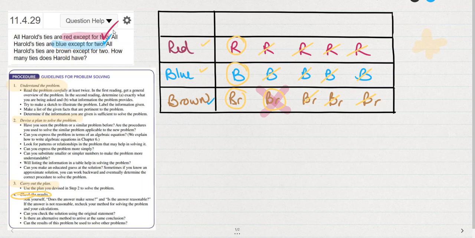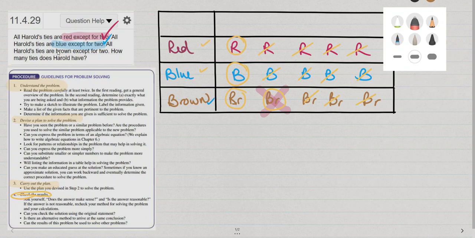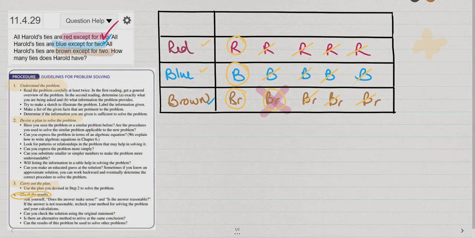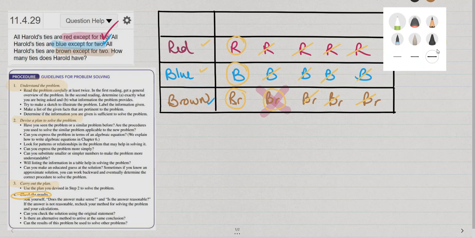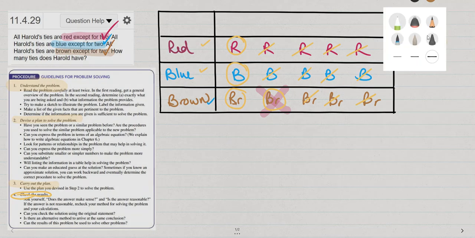So yes, that second qualification is met. And now the third qualification, all his ties are brown except for 2. I can see that yes, that qualification is also met. So my chart is accurate.